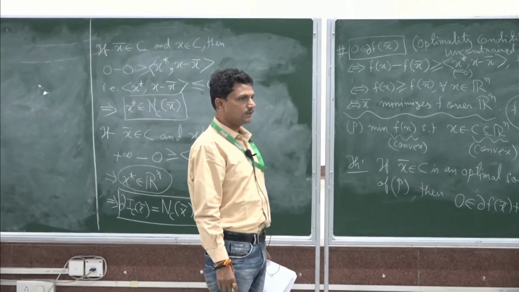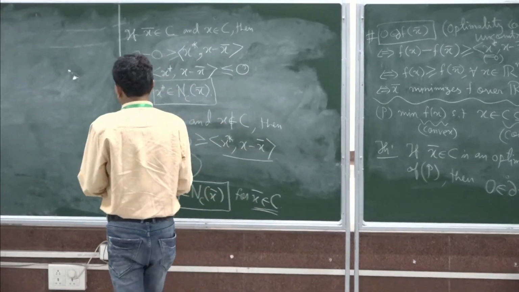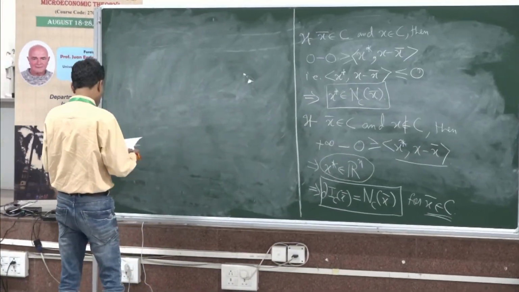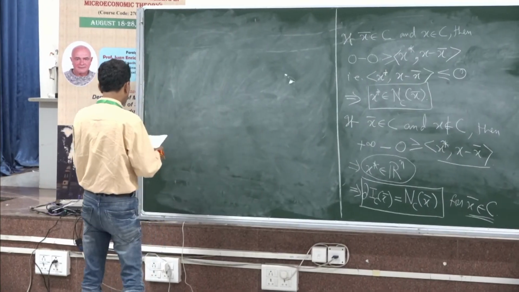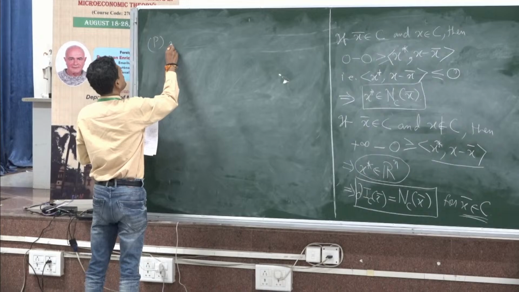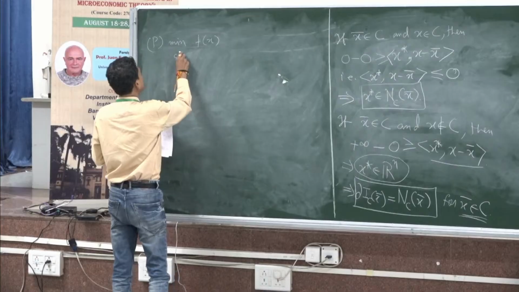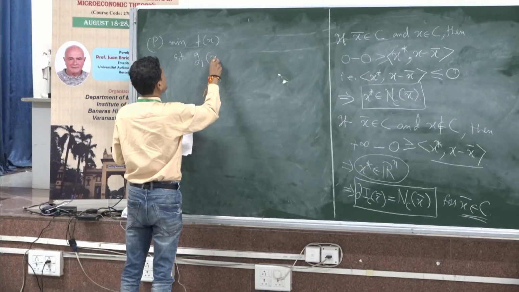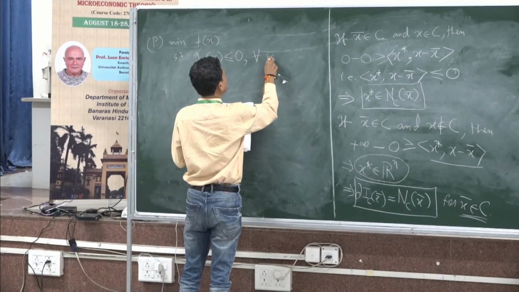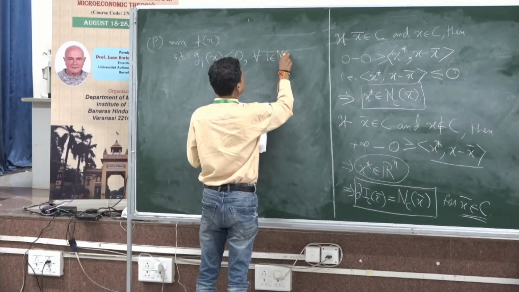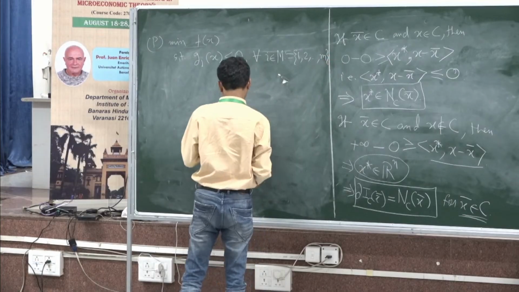Okay. So now we want to discuss some special structure of this problem, and this is minimization of f of x subject to g_i of x less than or equal to 0 for every i in some set, suppose 1 to m, right?